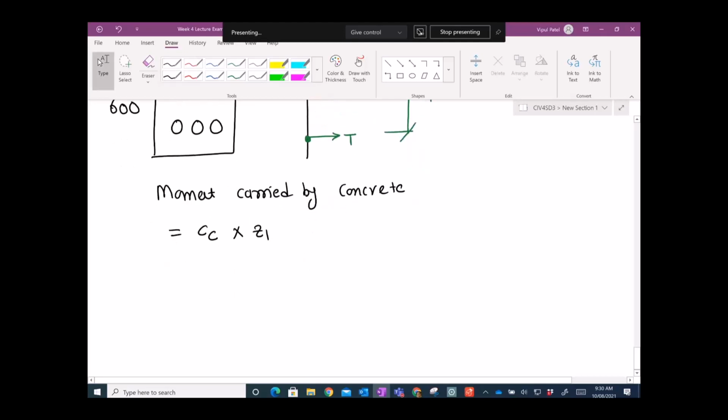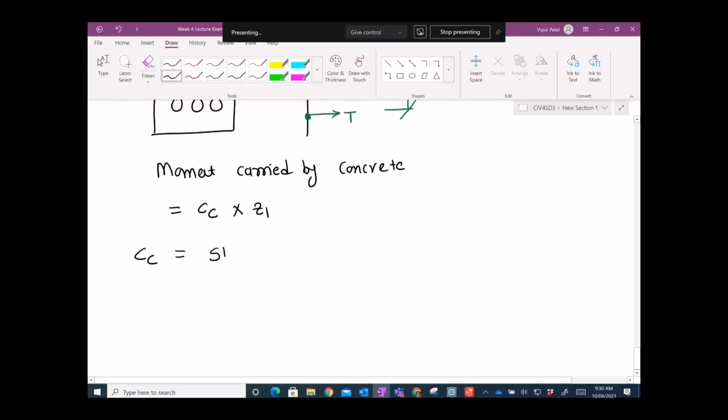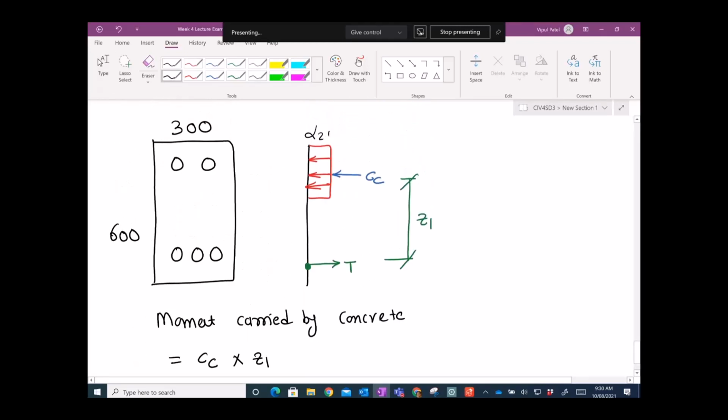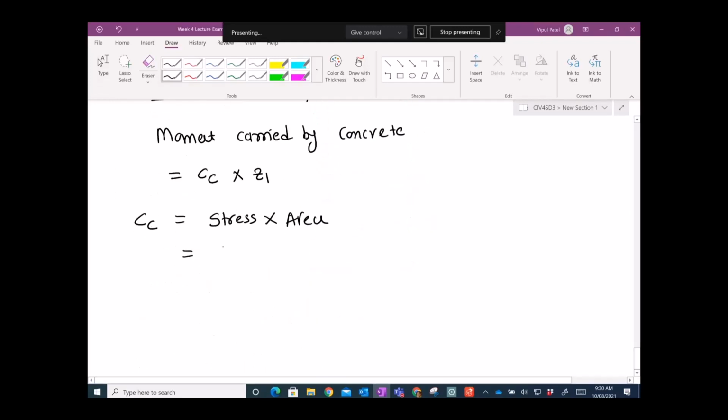So if I want to calculate the force, let's say the concrete force first. The concrete force would be the stress times the area. Now stress, you remember, is alpha 2 fc dash.